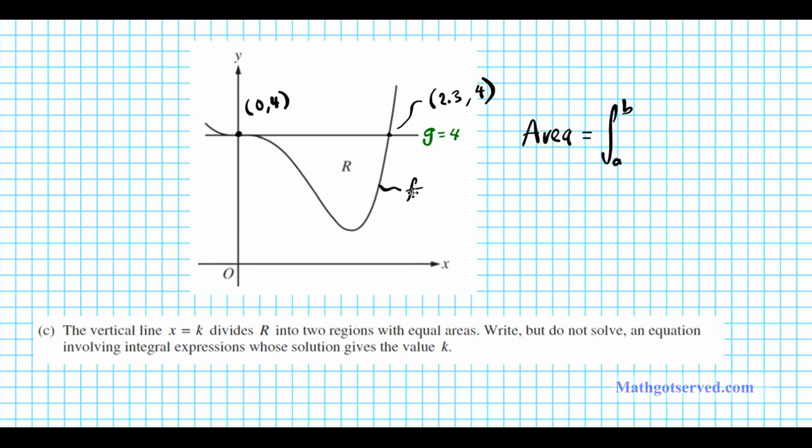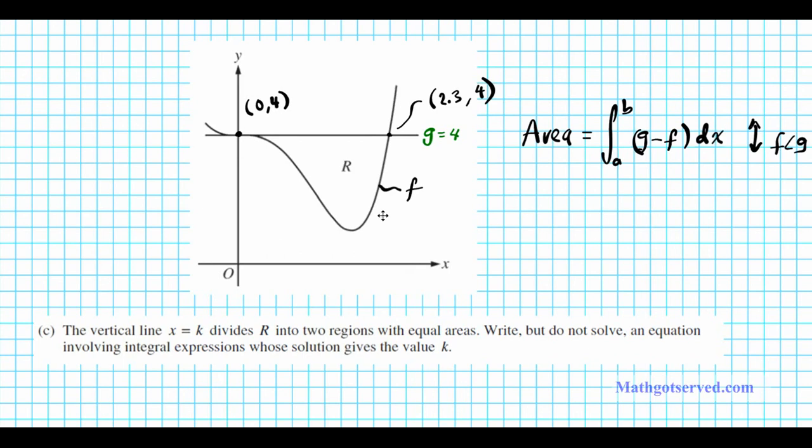Since g is greater than f, it is going to be the function on the top minus the function on the bottom. And we are going to be slicing this area in such a way that each slice, or each rectangle, is perpendicular to the x-axis. So this is going to be dx. Okay, so it's going to be a top-down orientation. And in this case, f is less than g. So that's basically the setup.